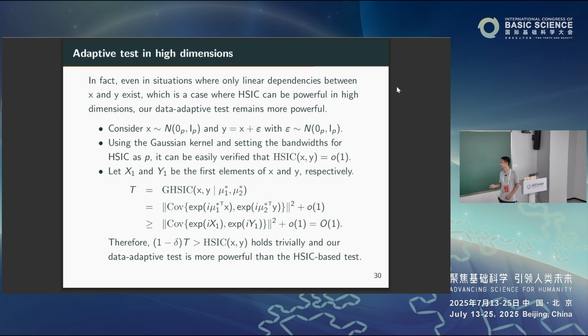So this kind of inequality will hold trivially. In this case, y depends on x linearly, and that is why the HSIC will have power, and our test will be more powerful than the HSIC, because our test statistic is larger than the HSIC, and they both have the same critical values.